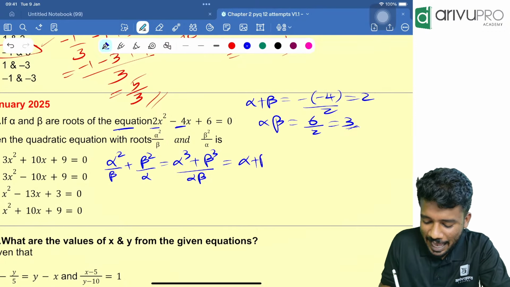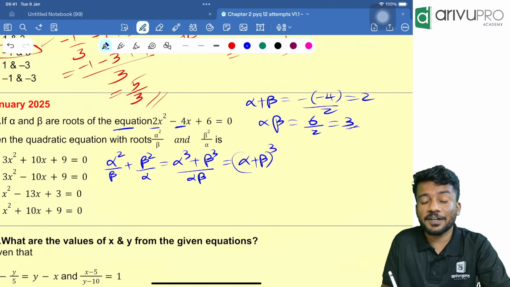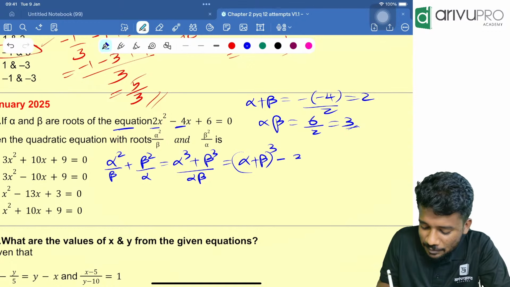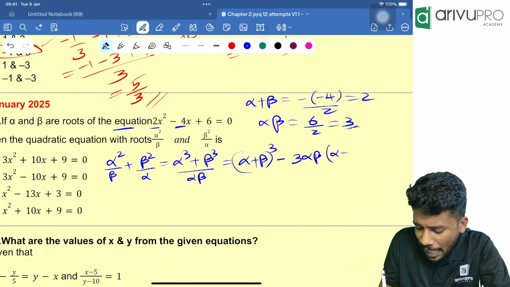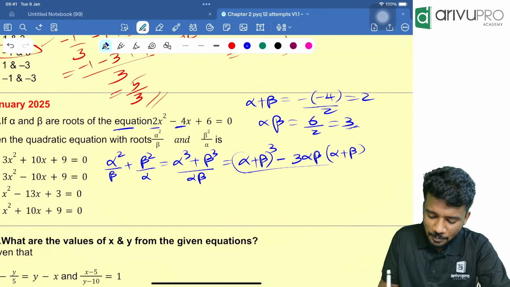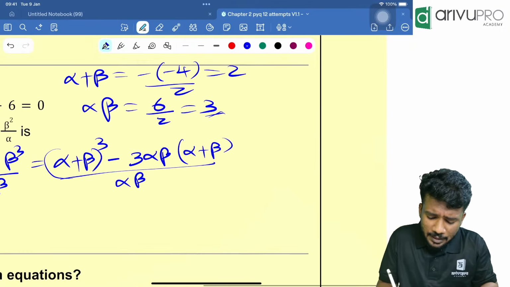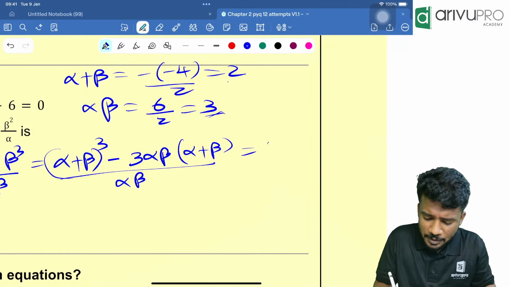Now people, you tell me how to write alpha cube plus beta cube. I will write it as alpha plus beta the whole cube minus 3 alpha beta into alpha plus beta, divided by alpha beta. Fine. Now alpha plus beta the whole cube is nothing but 2 cube.